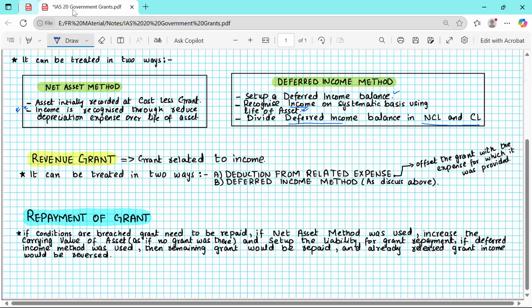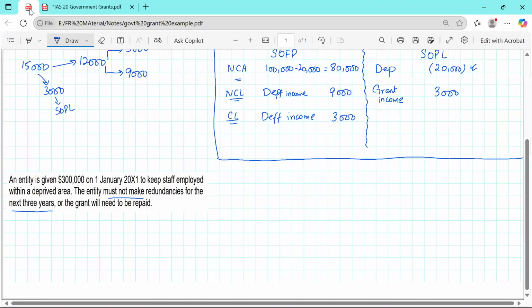Let's say in SOPL the related expense is administration cost. Let's assume the administration cost is 600,000.